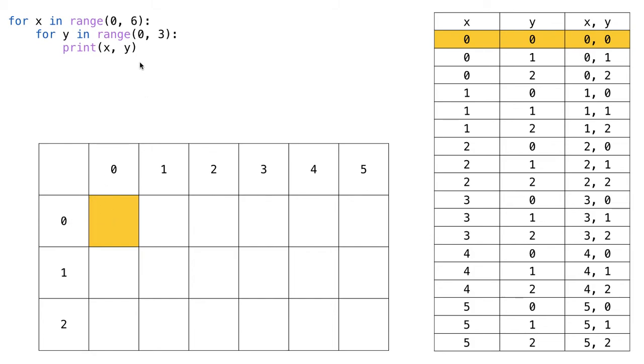So if we did my array bracket y comma x for this first cycle through both loops, we would get this particular entry in the array, whatever that might be. We go to the next cycle, which is the second row in the table on the right-hand side here. You can see it would give us this item in our two-dimensional array.